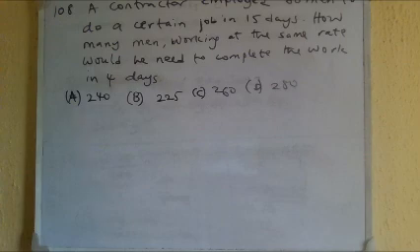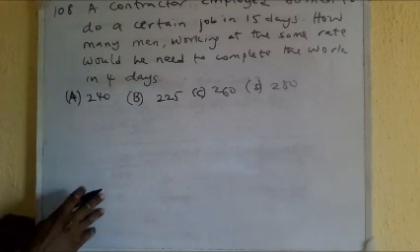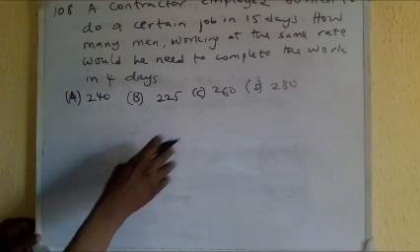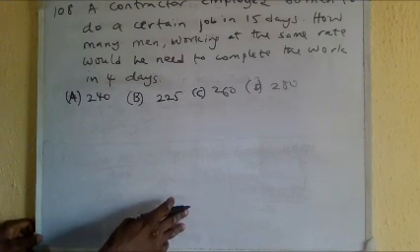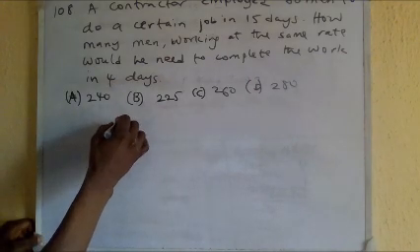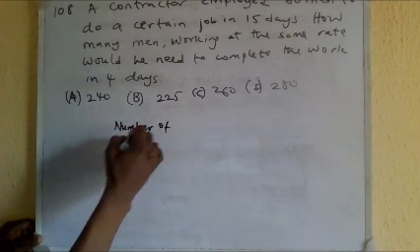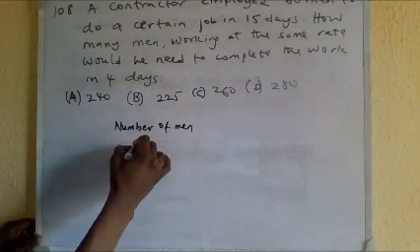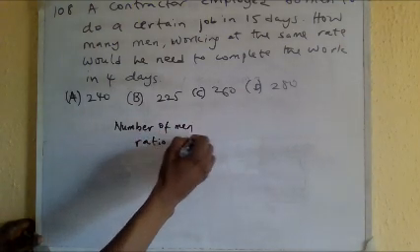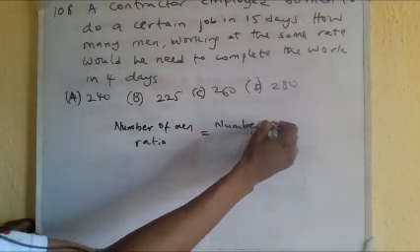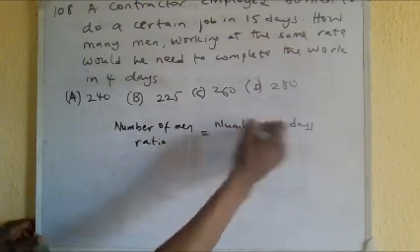So you just do a ratio of number of men to men and number of days to days. So number of men ratio is equals to number of days ratio. Just do it correspondingly.